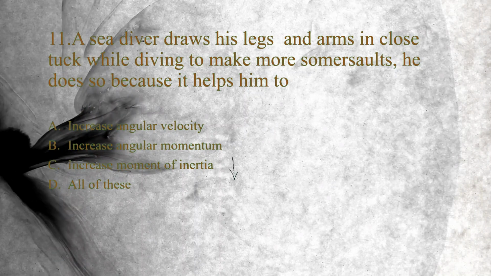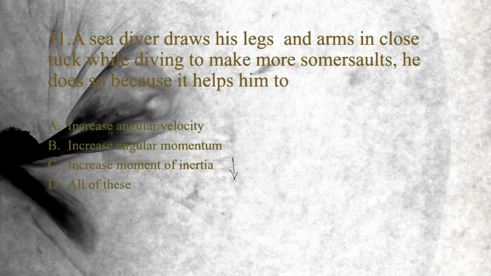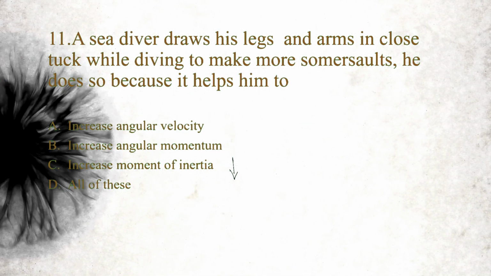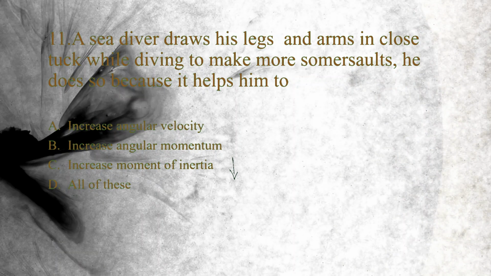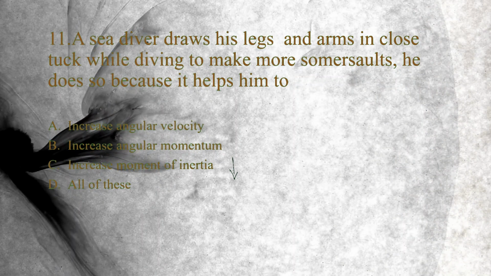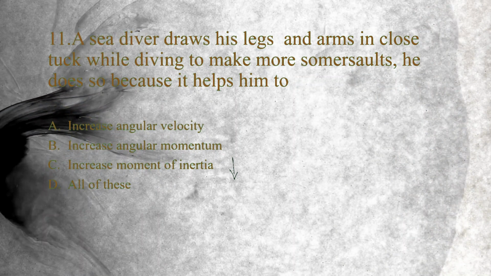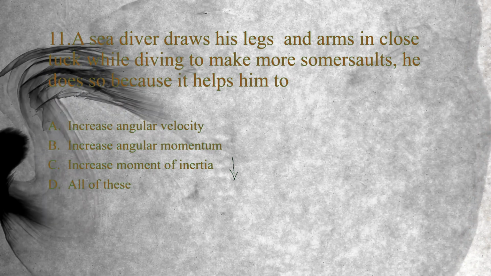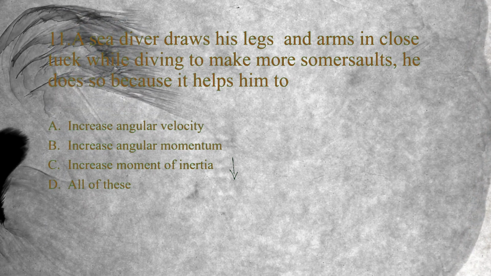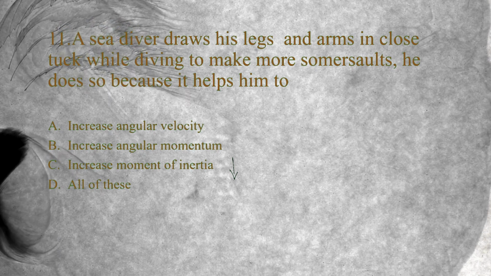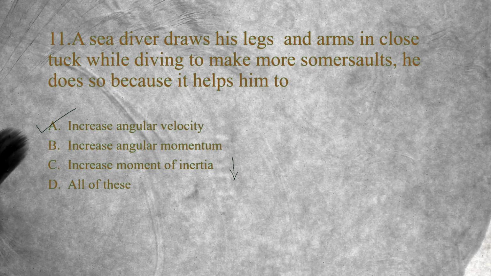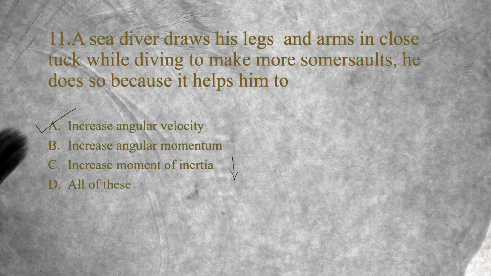This is because the mass of the limbs is now closer to the axis of rotation, which is his central body. As he tucks his limbs in, the diver's body becomes more compact, allowing him to rotate faster and more easily. This reduction in moment of inertia enables the diver to increase his angular velocity, making his rotation more rapid.